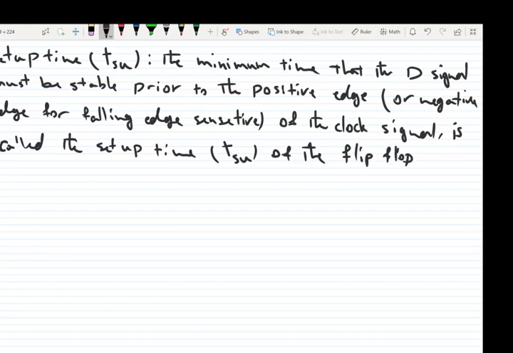So if we have an IC for flip flop, if we look at the data sheet of the IC, we will see the setup time for the IC.